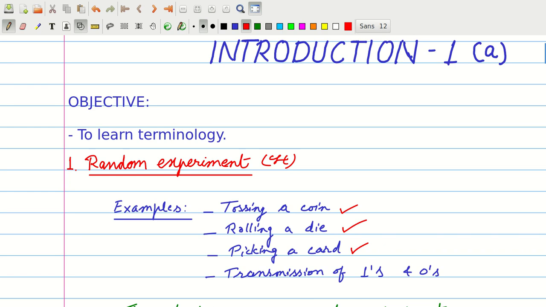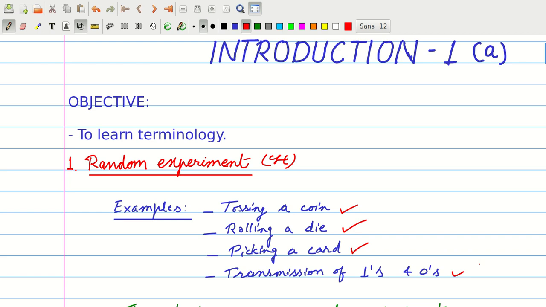So, transmission of ones and zeros is yet another example of a random experiment. For instance, if we consider tossing a coin, there are two possible outcomes, heads and tails. But before tossing the coin, it is not known whether the coin will show up heads or tails, and therefore the outcome is not predictable, and therefore it's a random experiment.